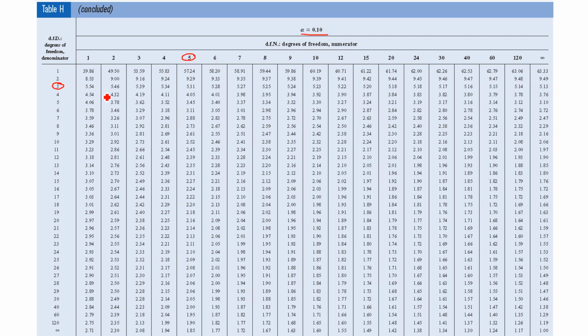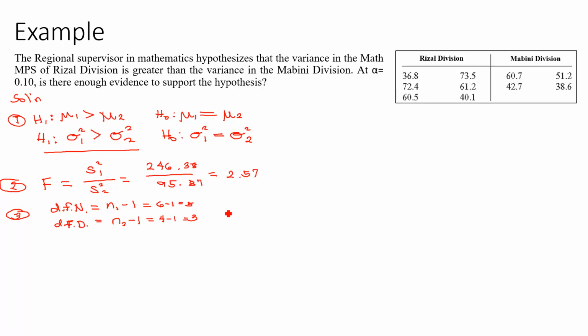Now we're just going to locate the number intersecting with these. So in other words, our tabular F value is equal to 5.31.